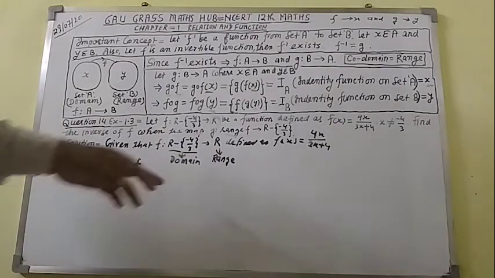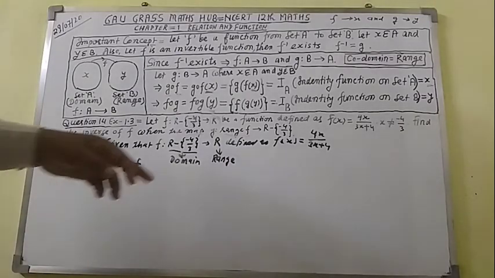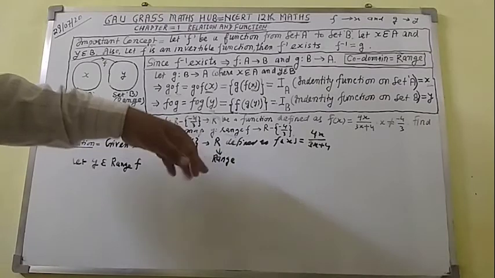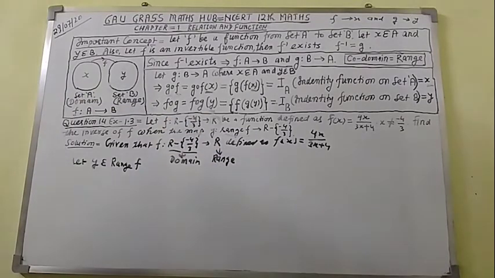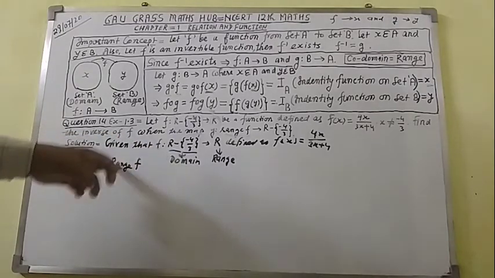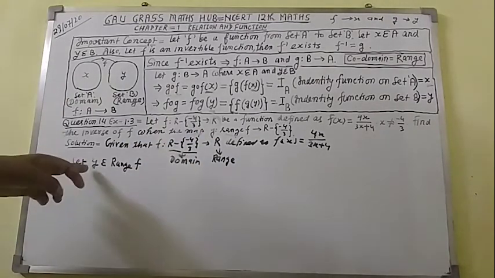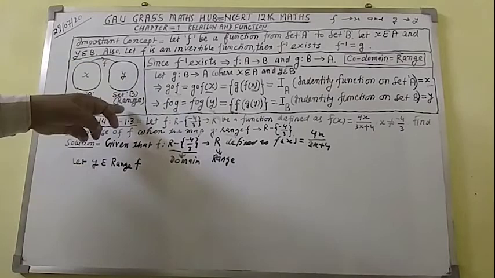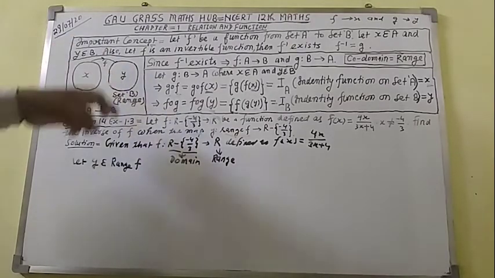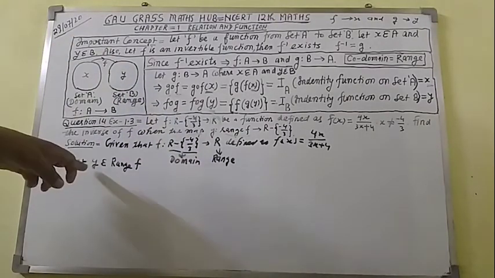That's why in an invertible function, codomain is converted into range. The range of f will be capital R, and y is an element of it, set B being the range. This is the concept.